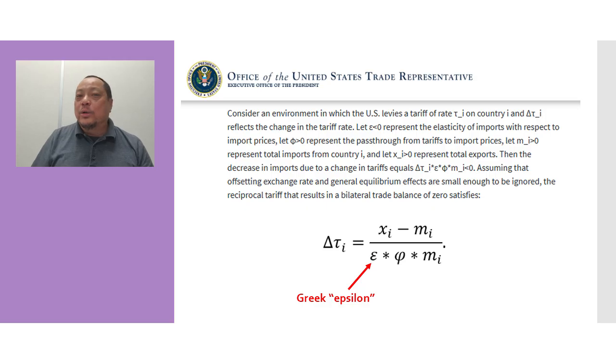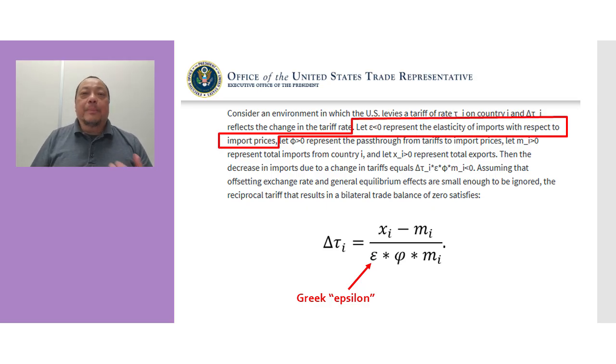It's like our letter E. It represents the elasticity of imports with respect to import prices, meaning how much do we import less when import prices go up, or how much we import more when import prices go down. I'm not going into the theory about elasticity because, as you'll see, it turns out not to be important.